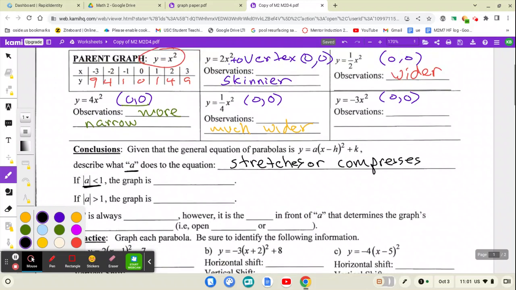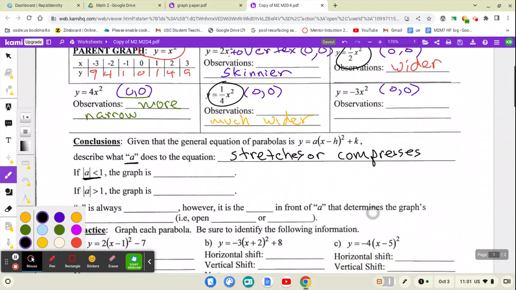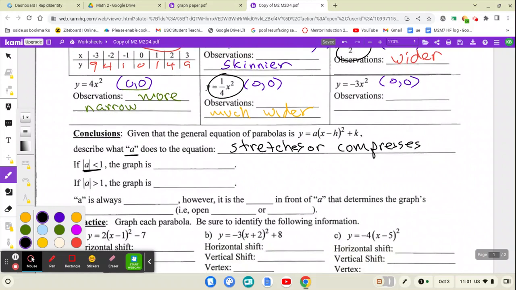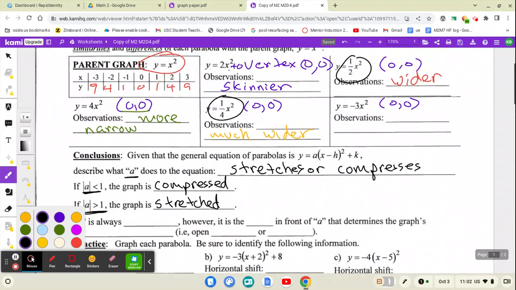Look back at what happened with the fractions here and here. It got wider is what we said, but we're calling that compressed. The graph is compressed. If the A value is larger than 1, like the 2 and the 4, it gets stretched. I don't know about you, but that feels to me like the opposite of what I might expect, but maybe that's just me. So now let's talk about the negative.